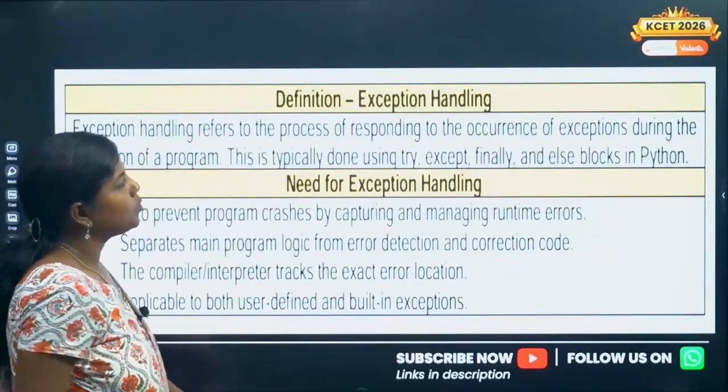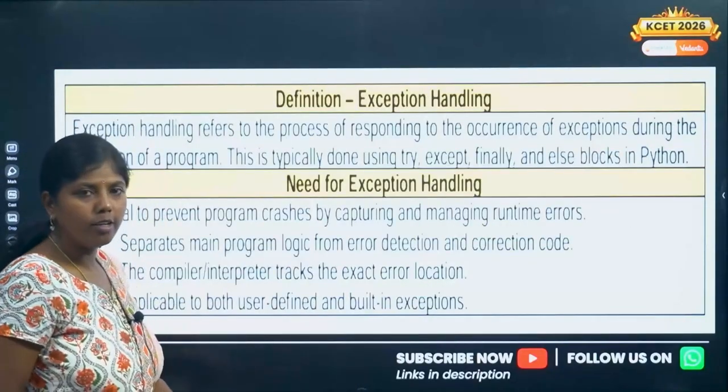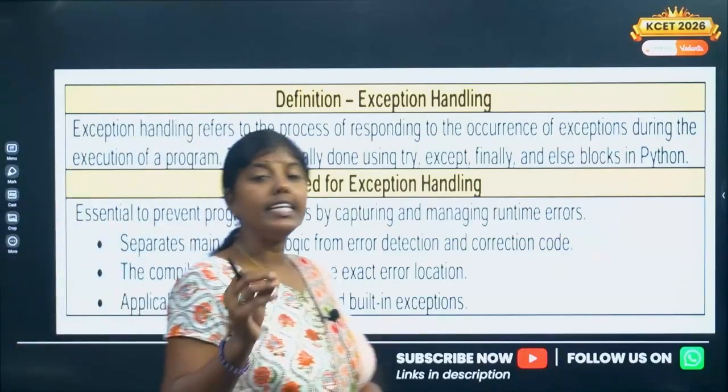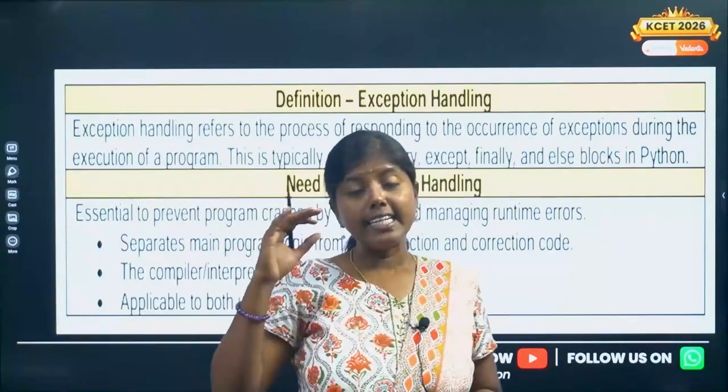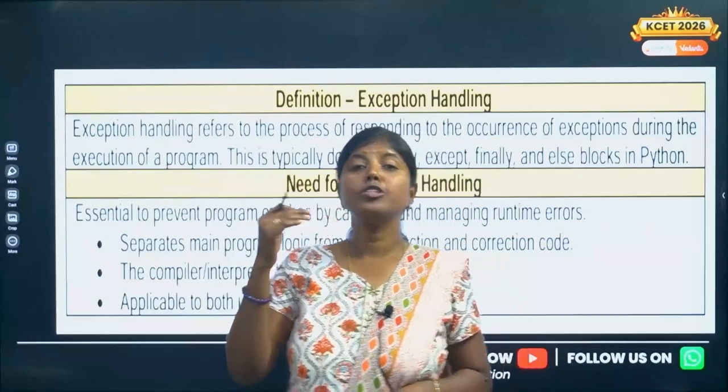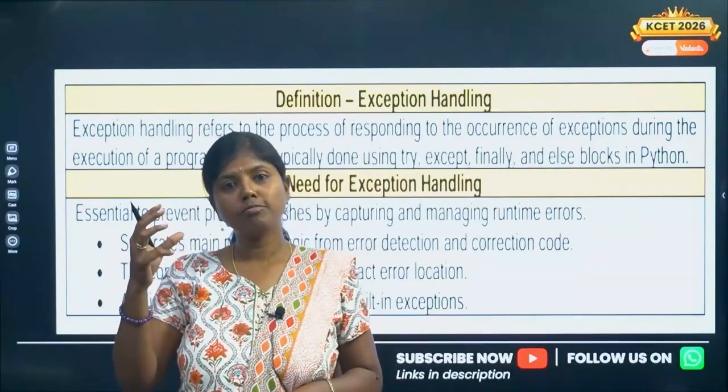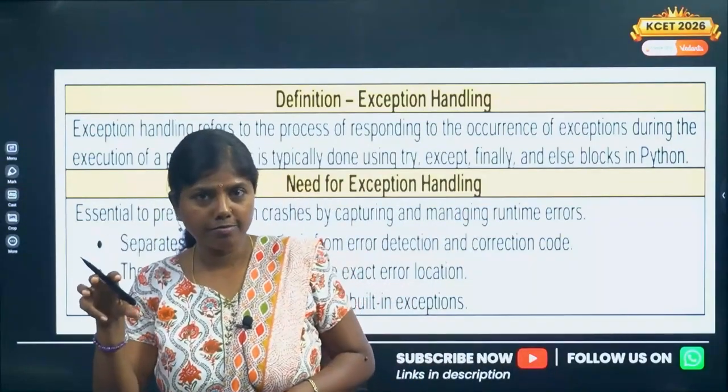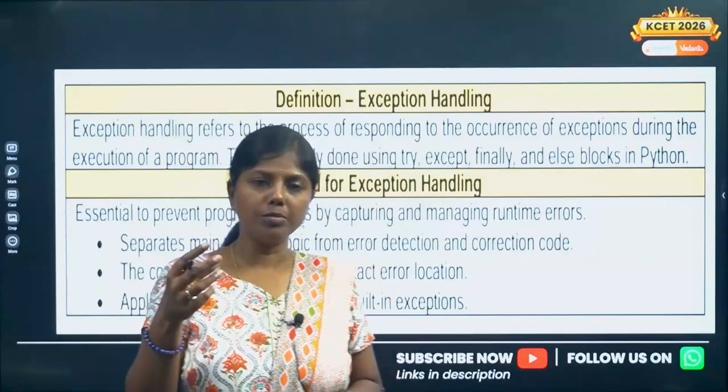Okay, I told you what exception handling is and the need for exception handling also. Exception handling is basically adding a block of code that gives the user a message or an instruction on encountering an error, to overcome that error.